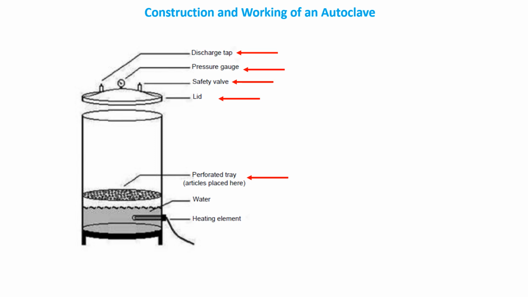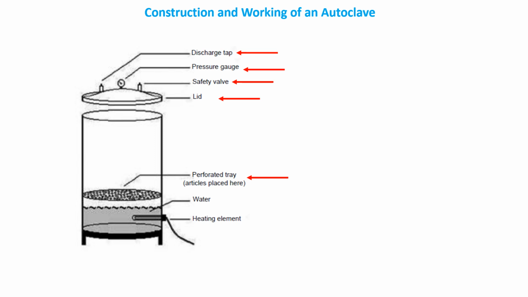The lid is closed but the discharge tap is kept open and the water is heated. As the water starts boiling, the steam drives air out of the discharge tap. When all the air is displaced and the steam starts appearing through the discharge tap, the tap is then closed. The pressure inside is allowed to rise up to 15 pounds per square inch.